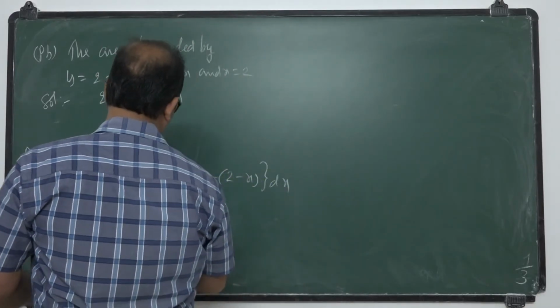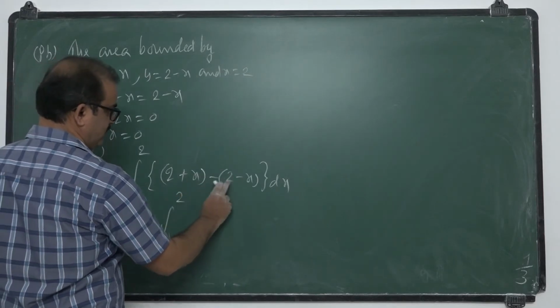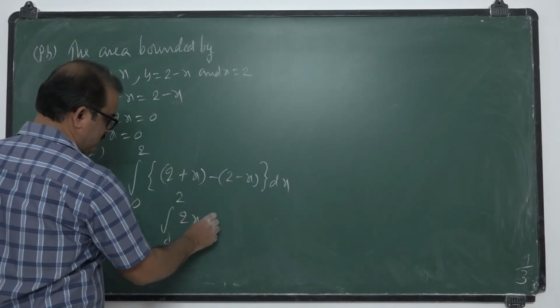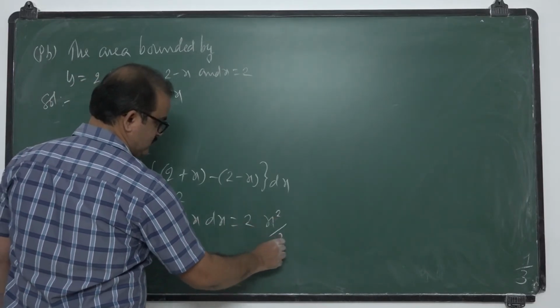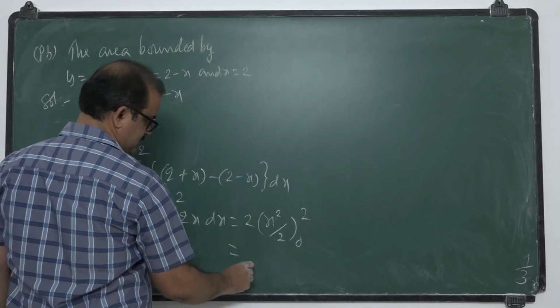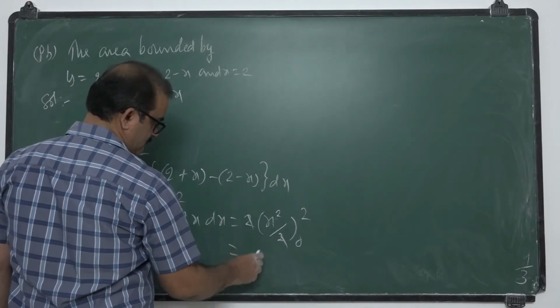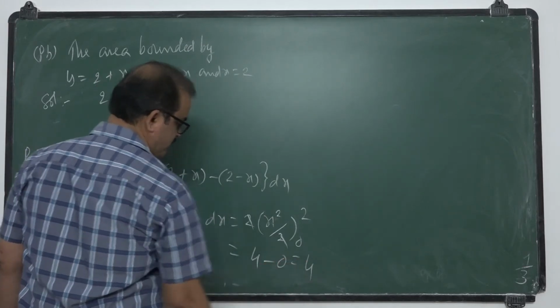Here 2 gets cancelled. Integral 0 to 2 of 2x into dx, 2 into x square by 2 between the limits 0 to 2. 2 cancel. Apply the limits. 2 square is 4 minus 0, that is 4.